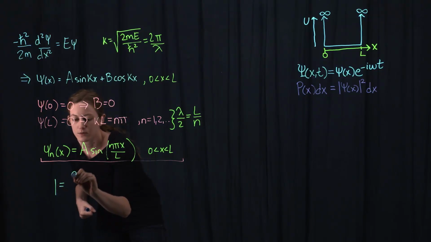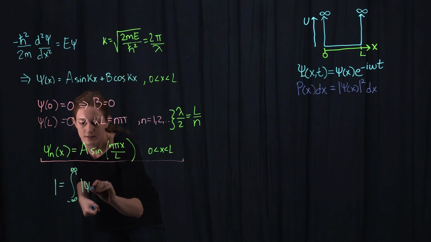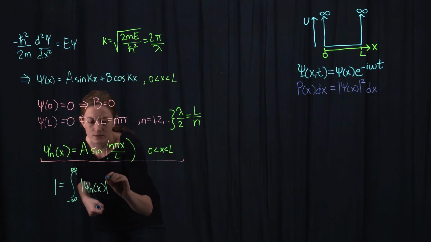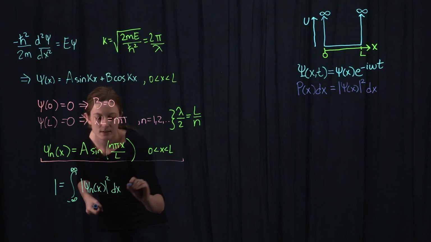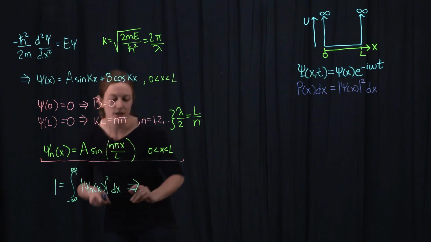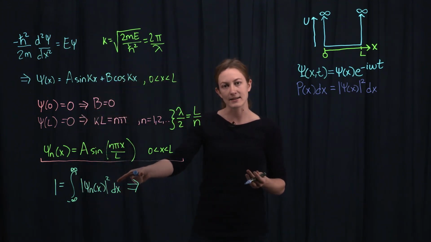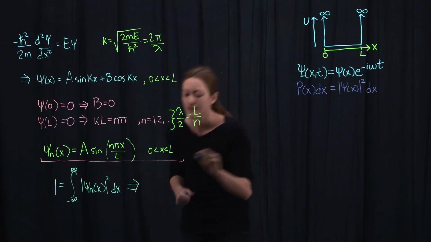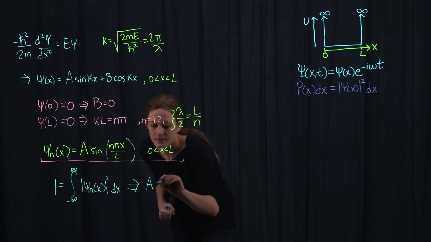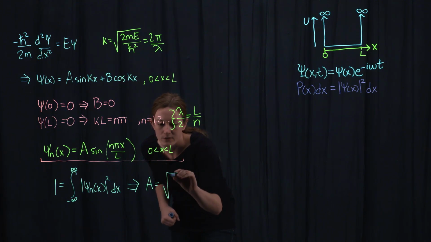So we write this, 1 equals the integral from minus infinity to infinity of the absolute value squared of psi n of x. Try doing this at home, and the details are in the attached PDF to this video. But what this will give us is A equals root 2 over L.